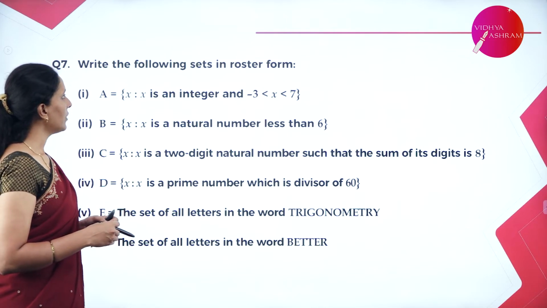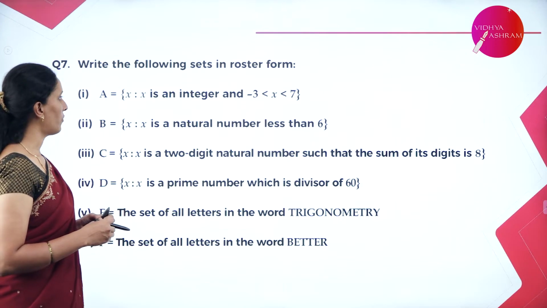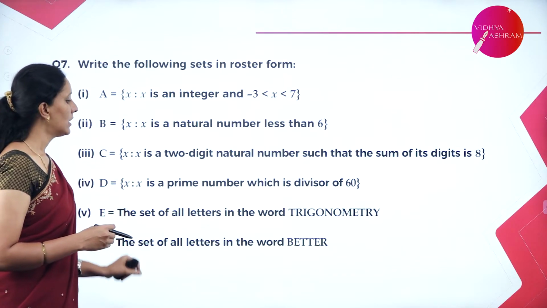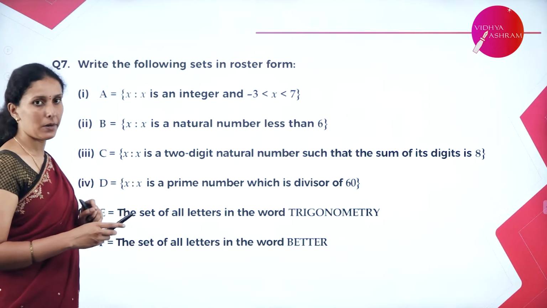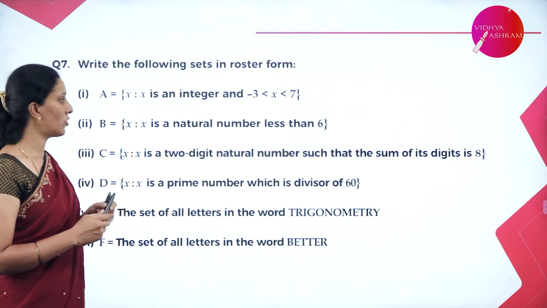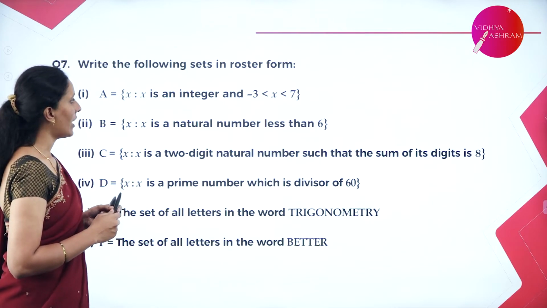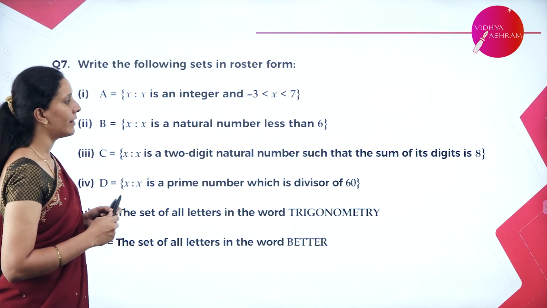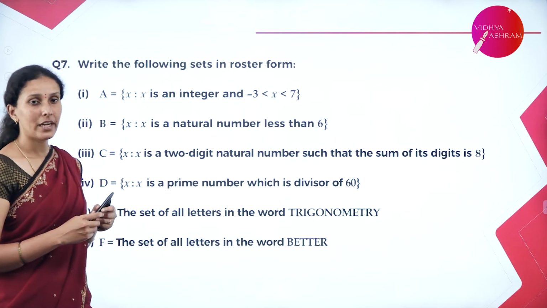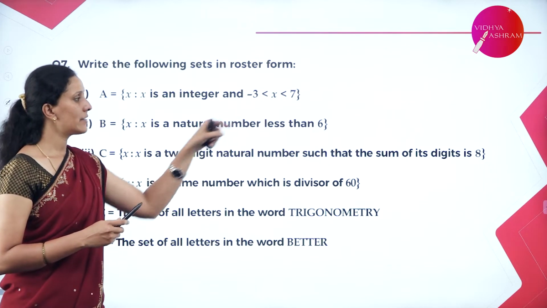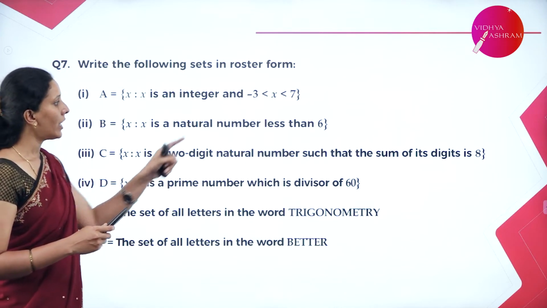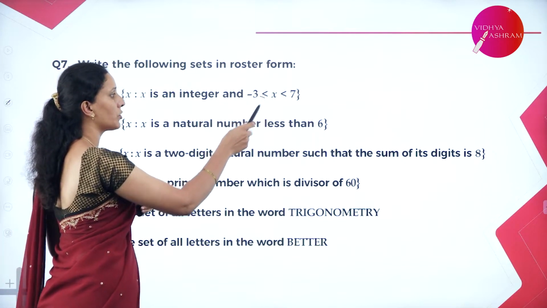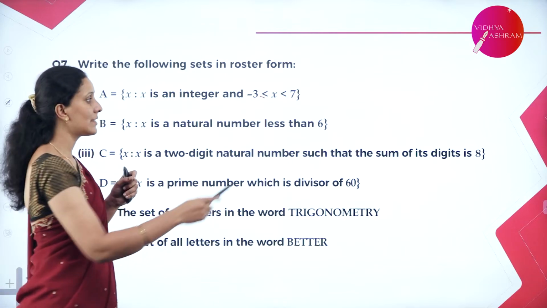Next, write the following sets in roster form. So we have all the collection of sets in set builder form. We need to write it in roster form. First one, such that x is an integer and lies between minus 3 and 7. So between minus 3 and 7 we need to take. When I include equality here, you should take minus 3 as well as 7 also.